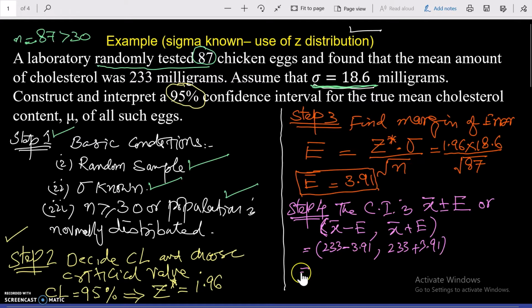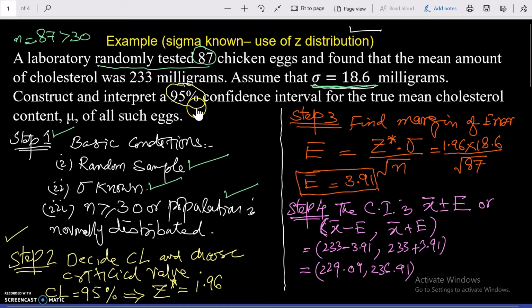So if you simplify this, the answer comes out to be 229.09 and 236.91. Right? This is the margin. This is the confidence interval. So this is the 95% confidence interval.